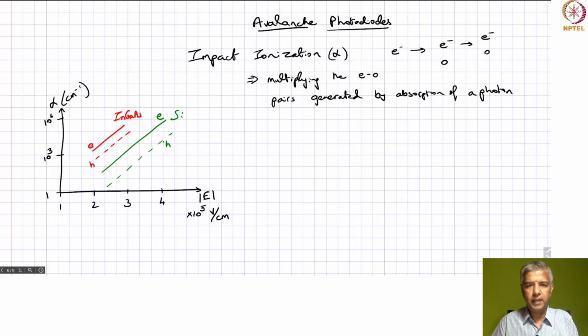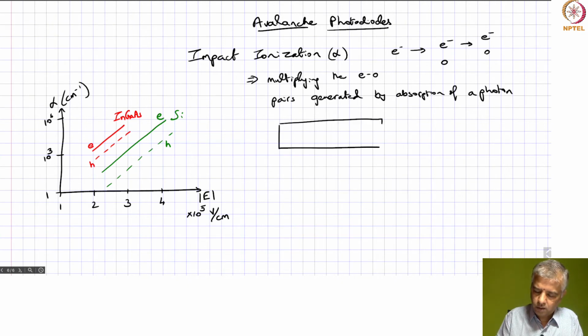To understand that, how do you first of all trigger this impact ionization mechanism? What are the typical structures that are used for this? Well, you would still use a PIN structure. So I start with what we drew before.